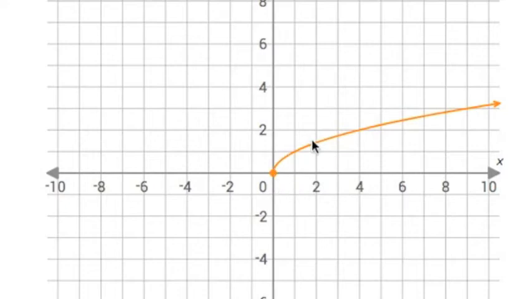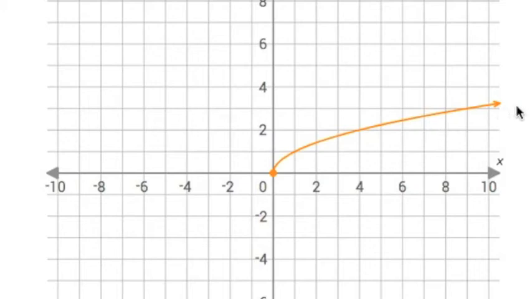The domain is any x value that's possible on the graph. So looking at this graph right here, negative 10 on the x-axis is not a possibility. Neither is negative 6, neither is negative 2, but 0 is. 1 is a possibility, so is 2, 3, 4, and it just keeps going.